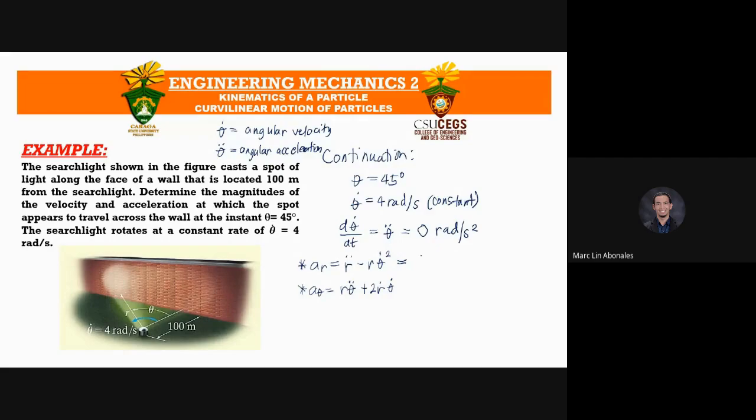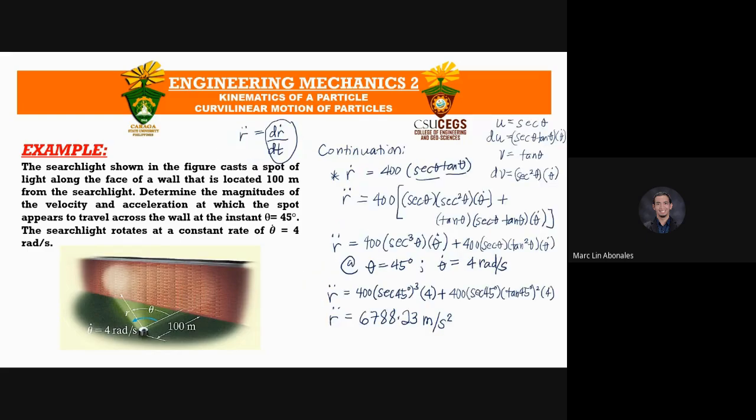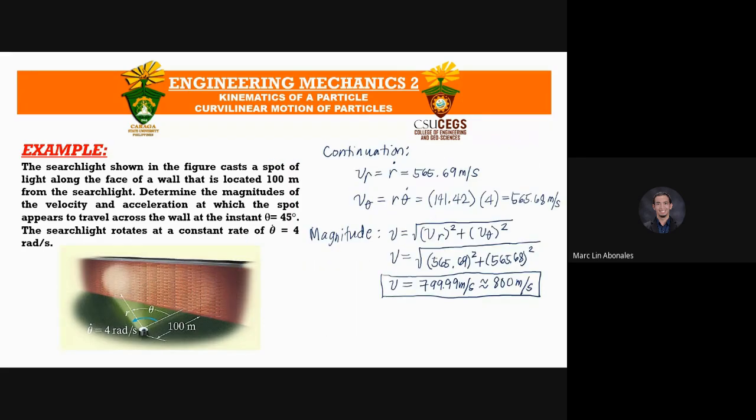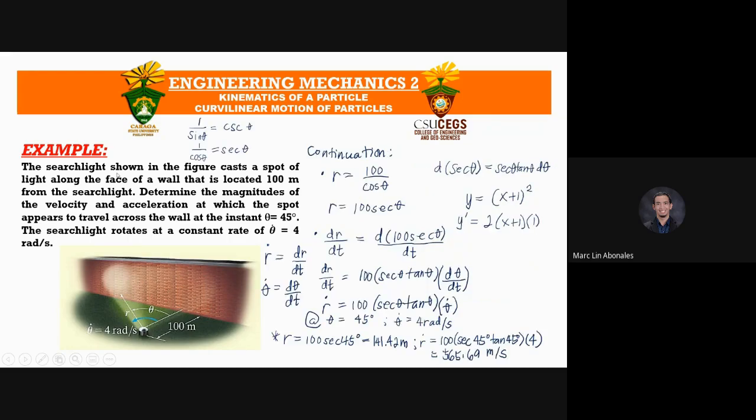So this is 6,788.22 minus r. If we go back to the solution for the velocity that we solved earlier, r was 141.42, and r dot was 565.69.